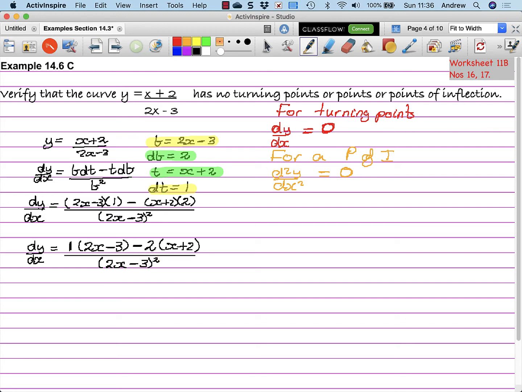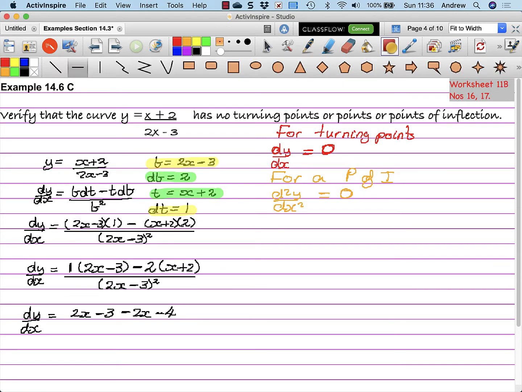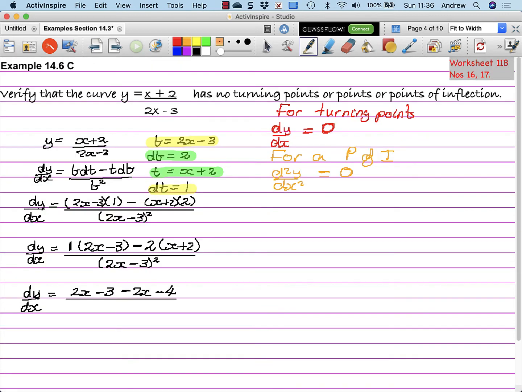Okay, so now we need to work it out. So dy dx is now going to be equal to 2x minus 3 minus 2x minus 4, all over the bottom, which is 2x minus 3 all squared.